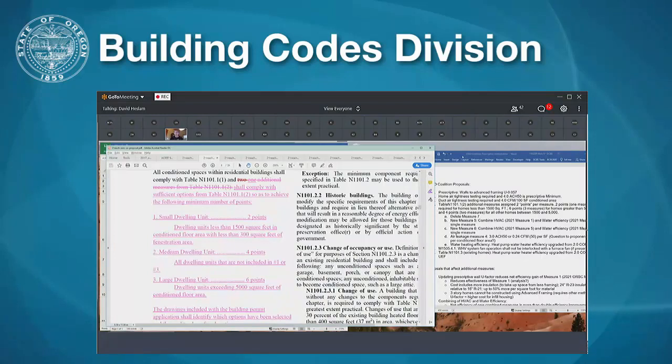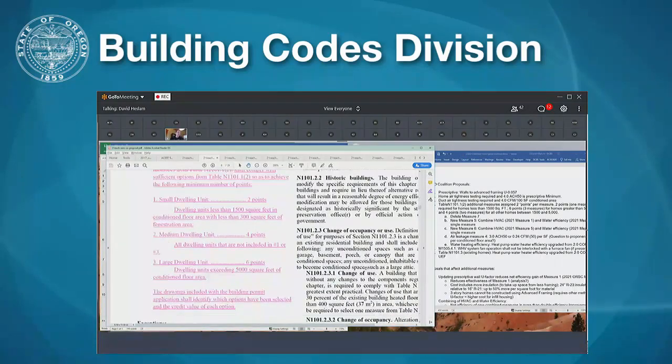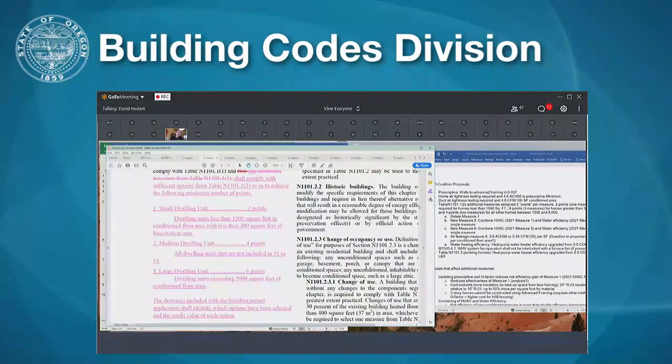But with the size adjustment ability that you would have with using points attached to measures, for smaller homes, you could only require, say, 2 measures rather than the 3 measures that you would require of a standard sized home.